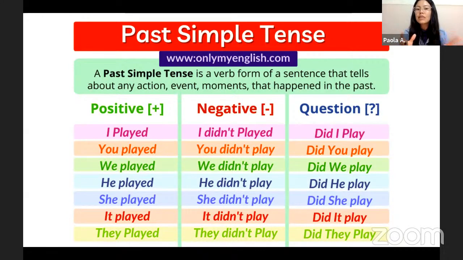Entonces, muchas veces nos confundimos al usar el tiempo. Ambos tiempos están utilizando el pasado. Sin embargo, el tiempo pasado simple terminó, inició en el pasado, pasó en el pasado, terminó en el pasado. En cambio, el presente perfecto inició en el pasado, pero continúa en el presente. No ha terminado. El pasado simple sí terminó.